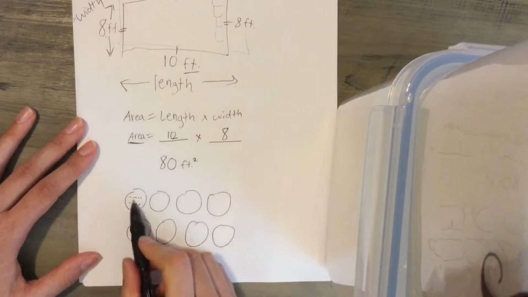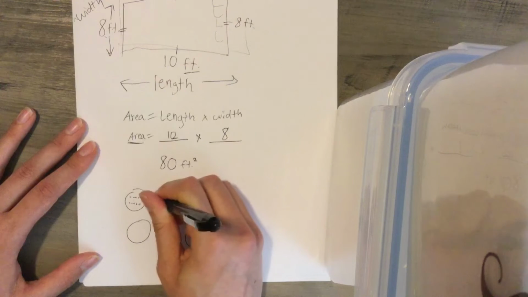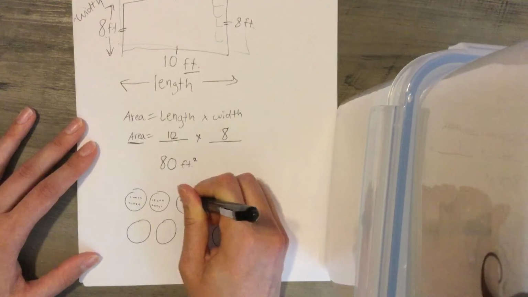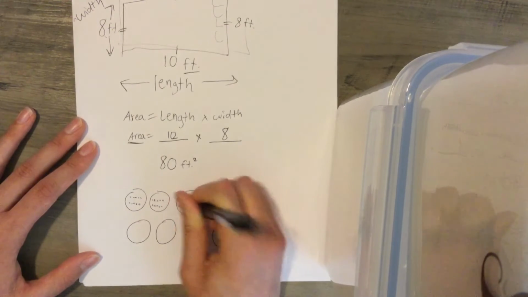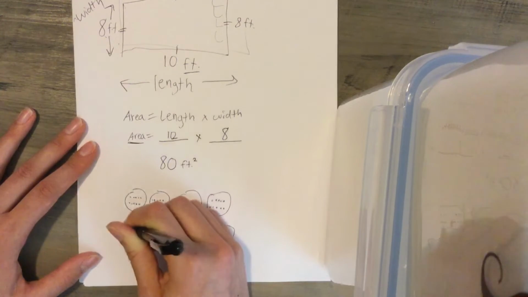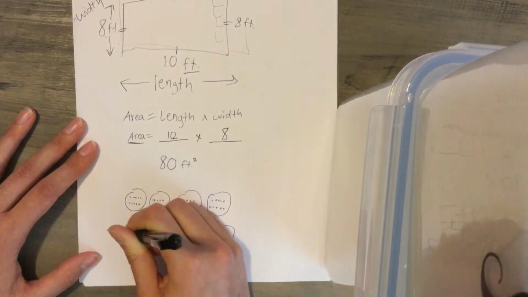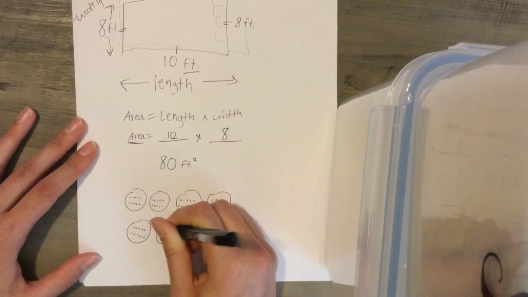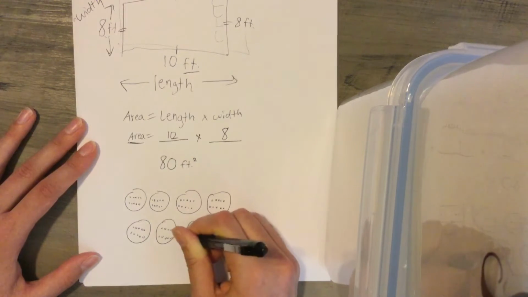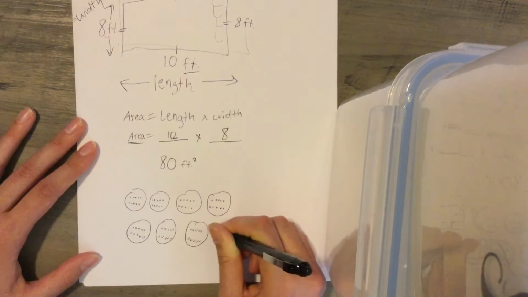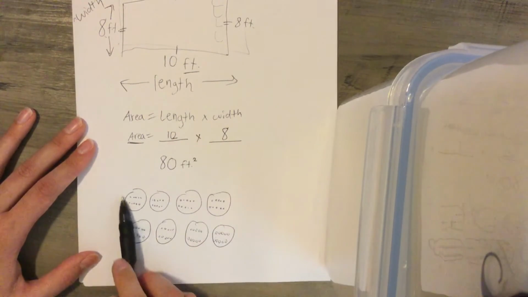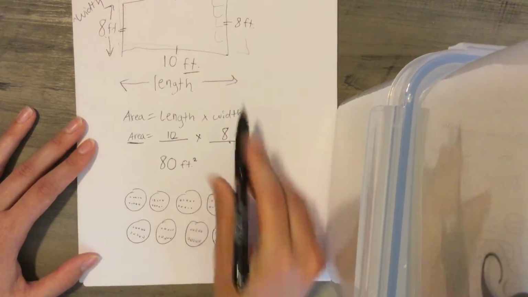Just to keep it straight, I'm doing 2 rows of 5 in each. 1, 2, 3, 4, 5. 1, 2, 3, 4, 5.